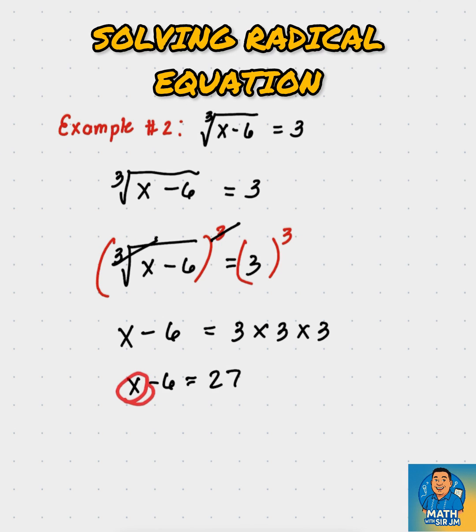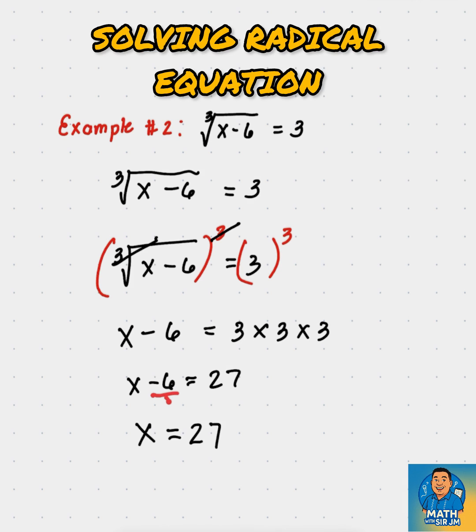Now, we need to transfer negative 6 at the right side of our equation to make our variable x remain at the left side. Therefore, we have here negative 6. Transfer it to the right side of our equation. It becomes x is equal to 27.